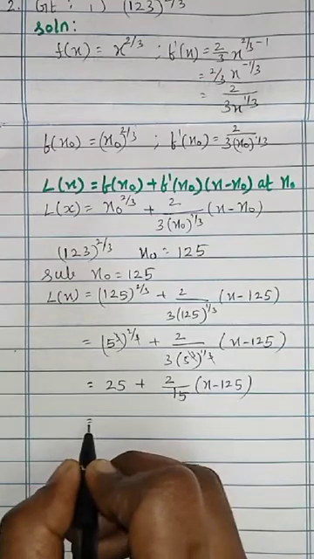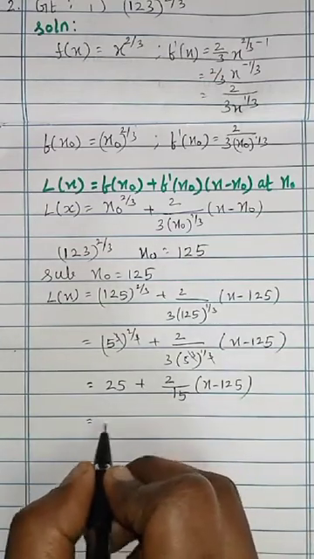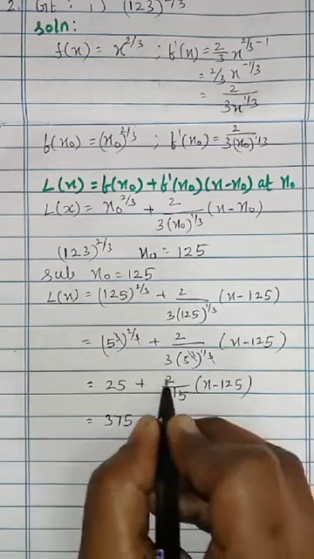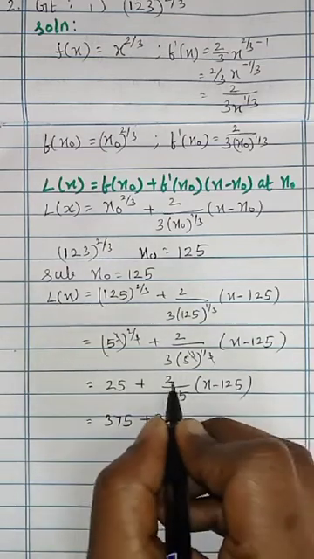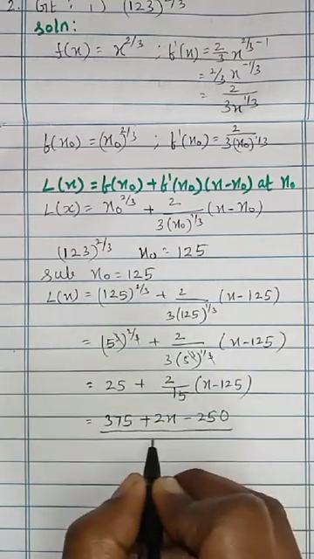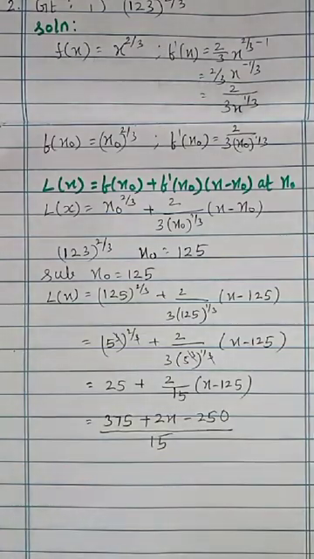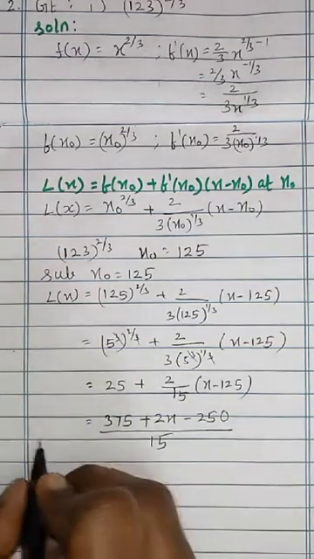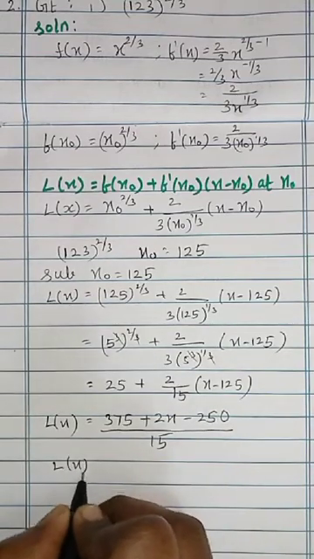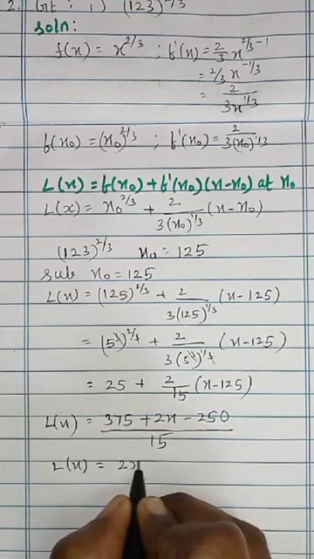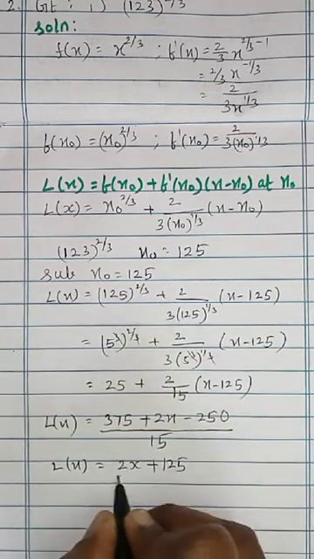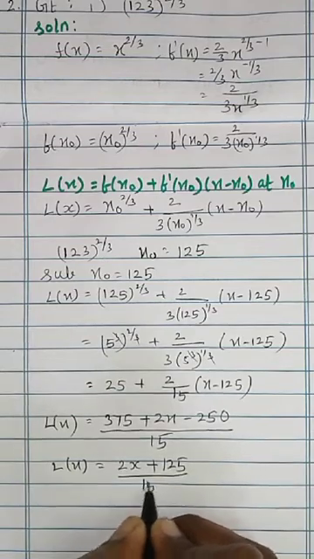Taking the LCM, we get 15 into 25 is 375 plus 2 into x is 2x minus 2 into 125 is 250, the whole divided by 15. Is that clear? Now this is your L of x. Again, if we simplify this, L of x equals (2x plus 125) divided by 15.